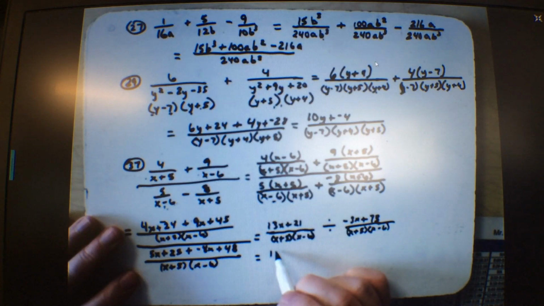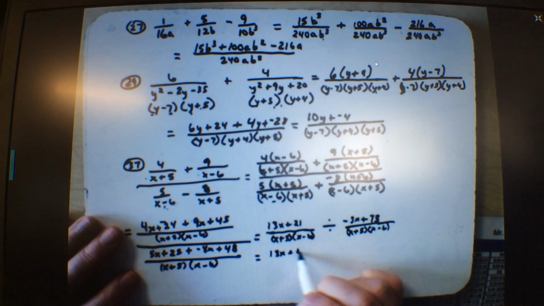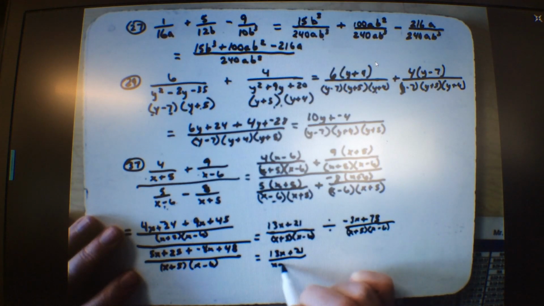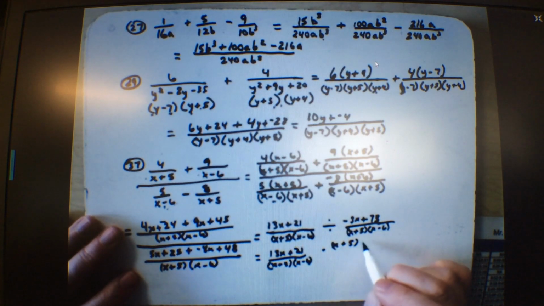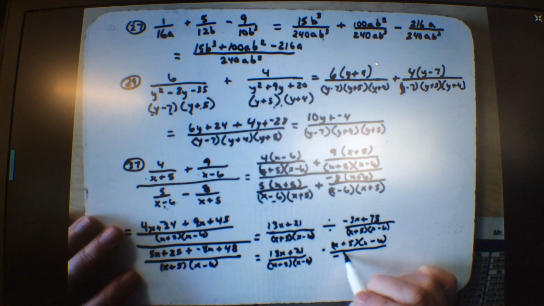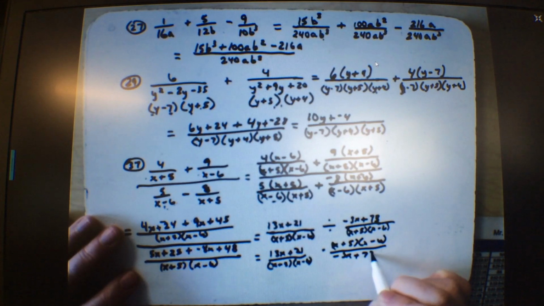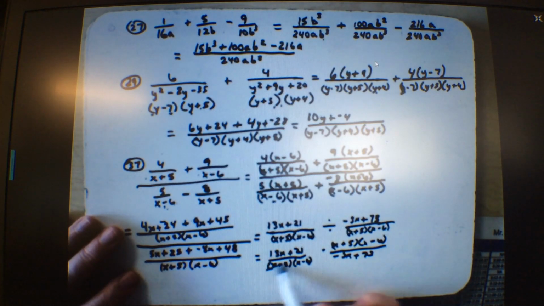Alright, so now I have 13x plus 21 over x plus 5 times x minus 6, times the reciprocal: x plus 5 times x minus 6 over negative 3x plus 73. What happens to these? Cross them out, cancel.